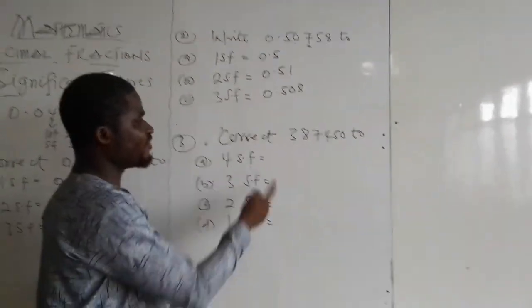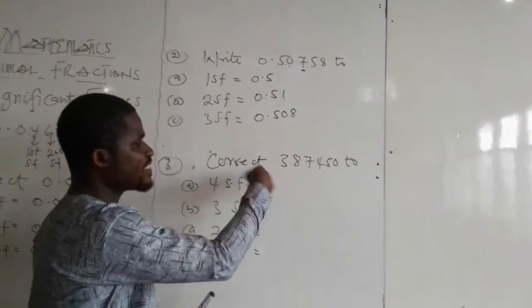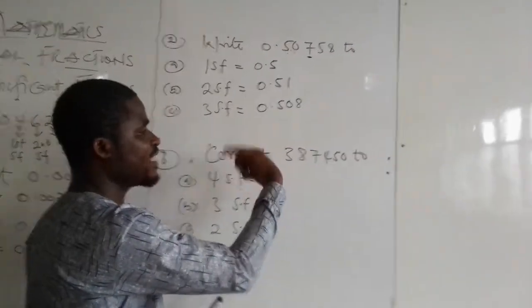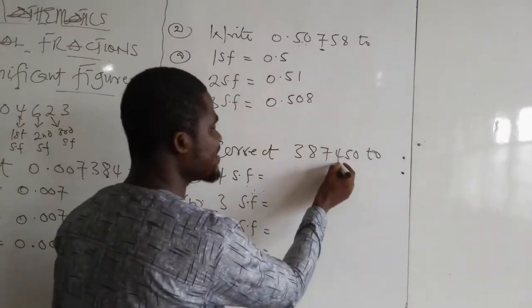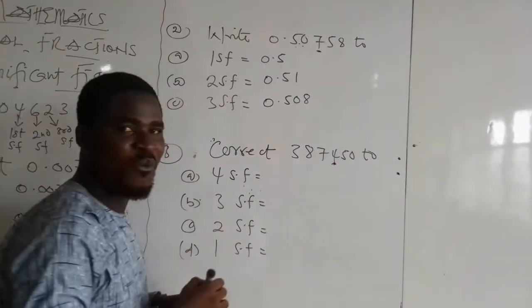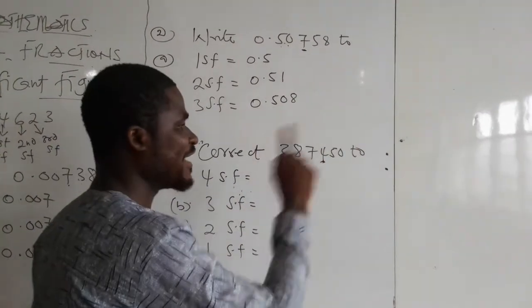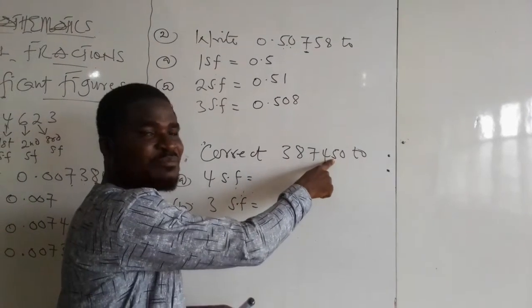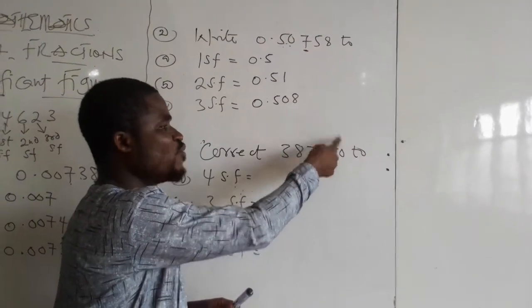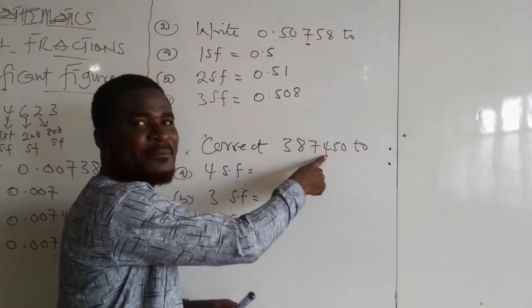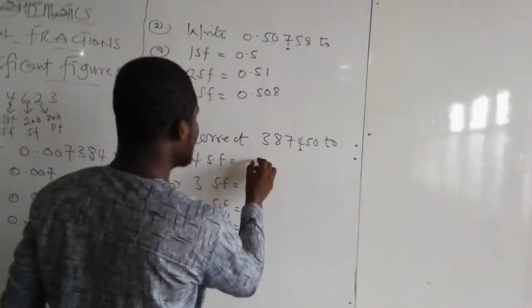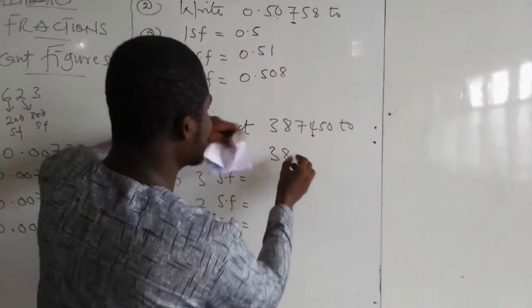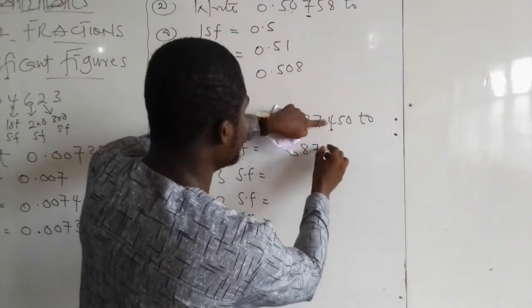Now my first SF is 3. My second SF is 8. My third SF is 7. My fourth SF is 4. Now look at the next number. It's 5. Because it's 5, I'll add 1 to the 4 to become 5. So I'm going to have 3875.